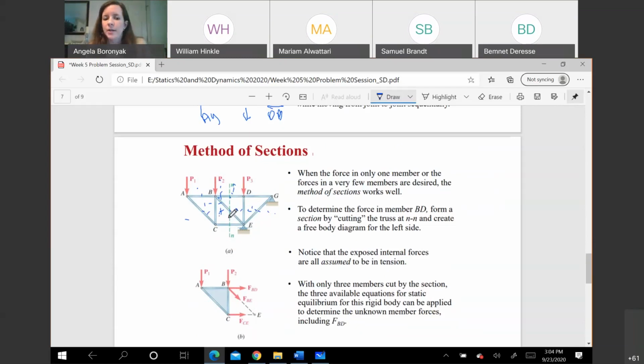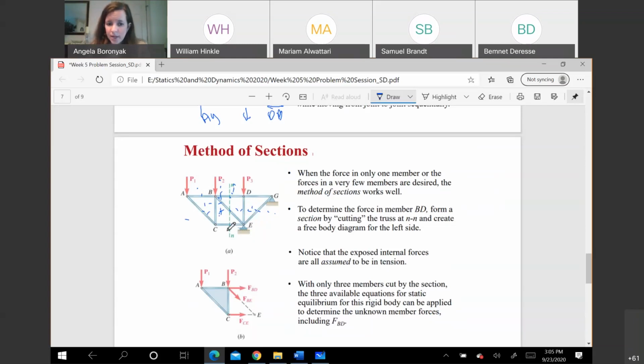That means you can then divide your truss or structure into the side that was on one side of that cut versus the other side of that cut, and treat each like its individual free body diagram. So for any members you actually cut, like I cut member BD here, I get to see the force from that member as an external force applied to this joint B. Similarly, BE was cut, so I see it as an external force applied to point B. Both of these would be assumed in tension because they're pulling away from that joint.